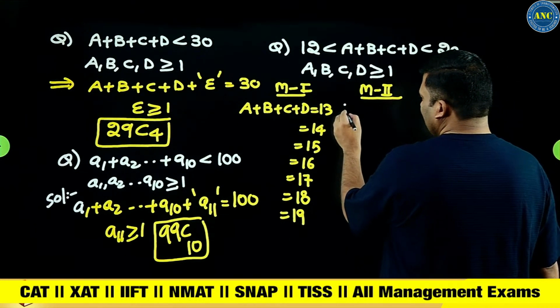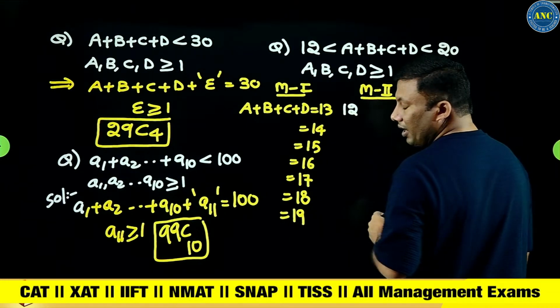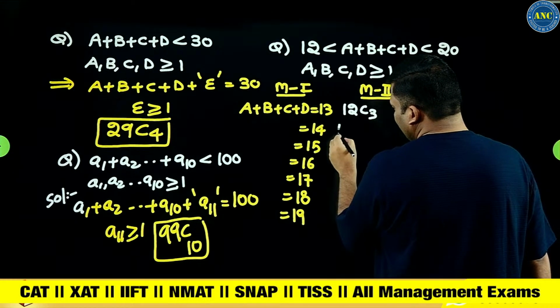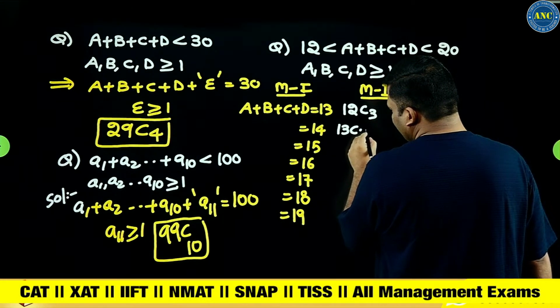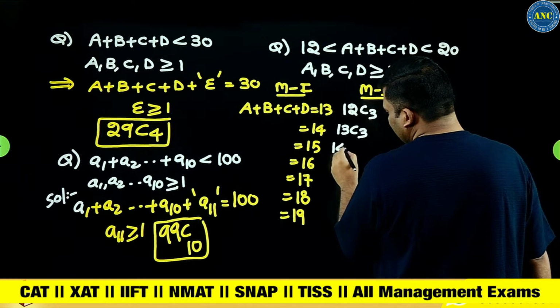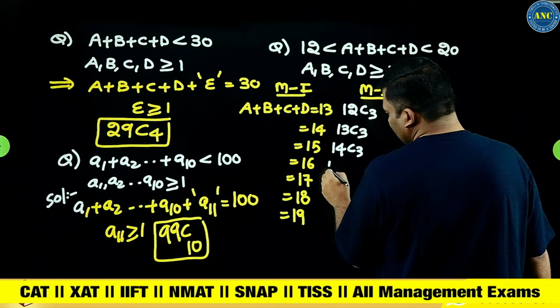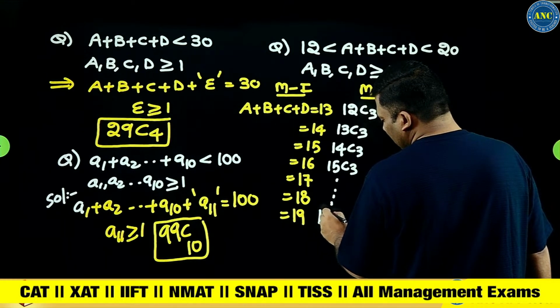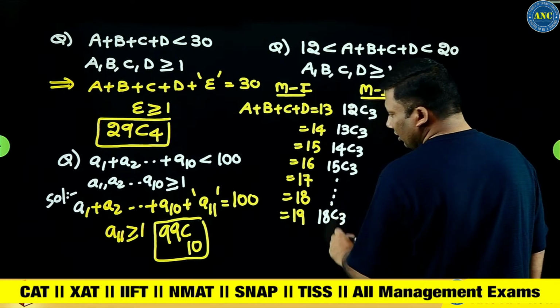13 means 12 gaps will be there. 4 variables, 3 cuts. 14 means 13 gaps will be there. 15 means 14C3, 16 means 15C3, 19 means 18C3.